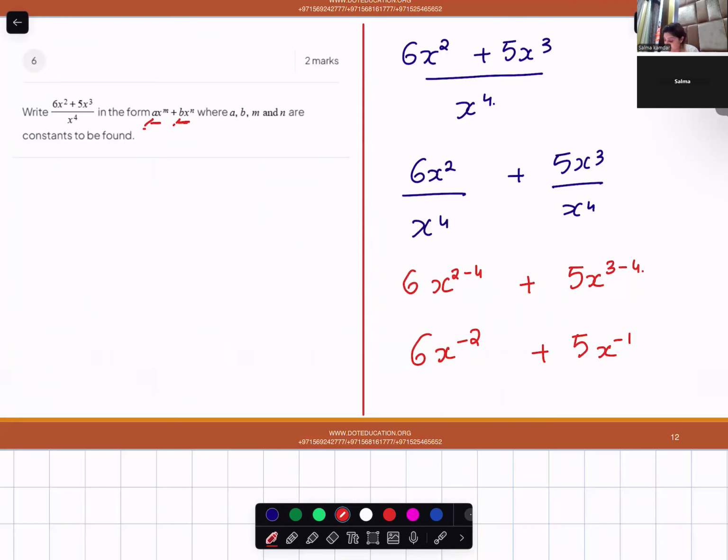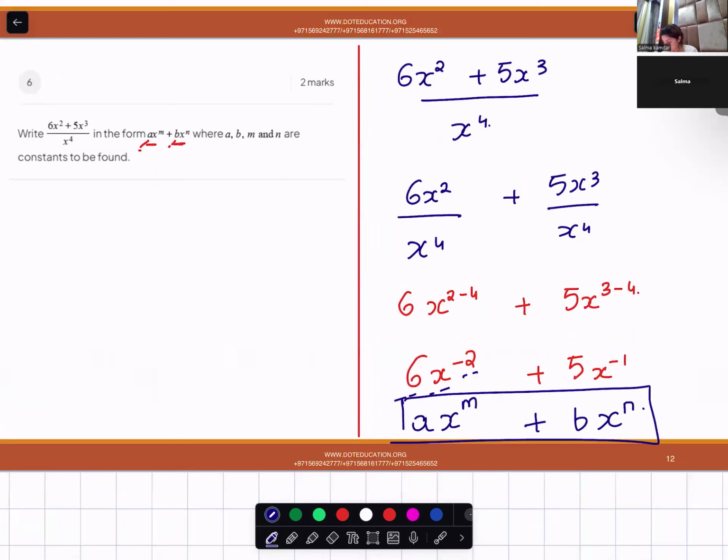Now we have to simplify it. So we have put it in the form of ax raised to m plus bx raised to n.